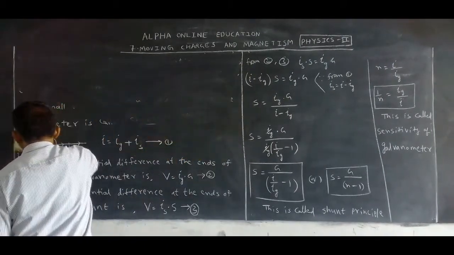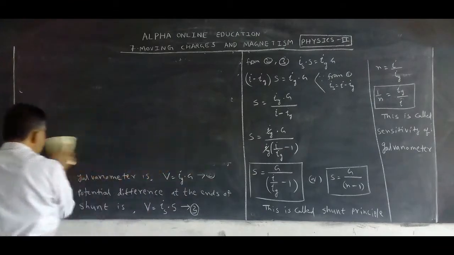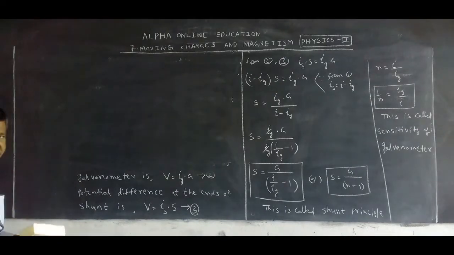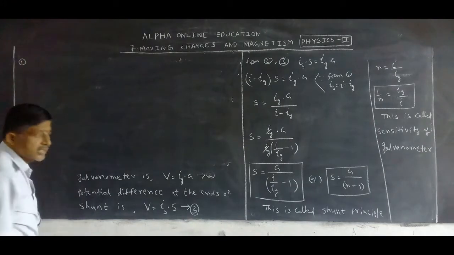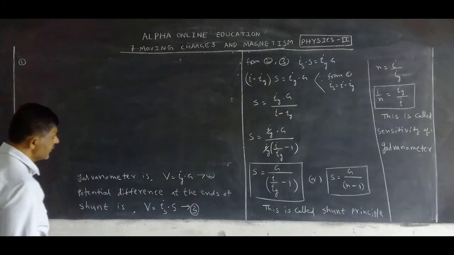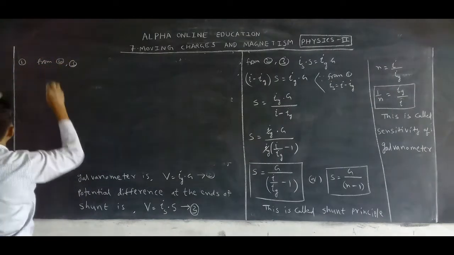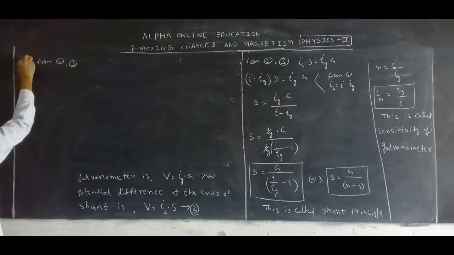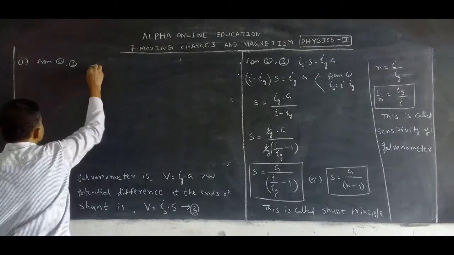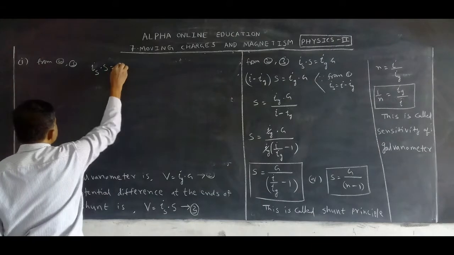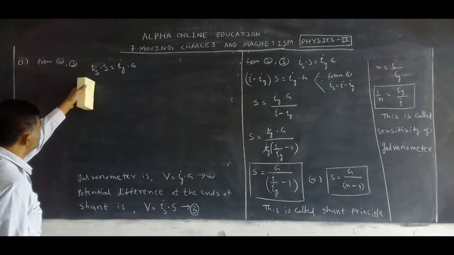We know the current through the shunt is Is, and the current through the galvanometer is Ig. But we want to calculate them separately. Number 1, we want to calculate the current through the shunt.